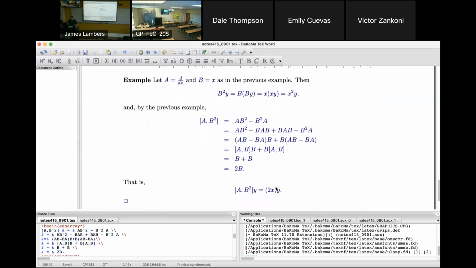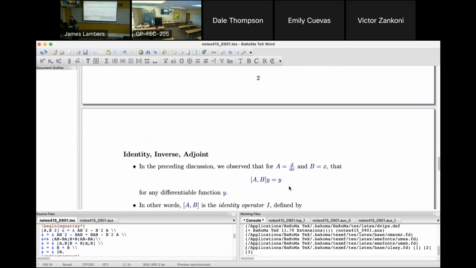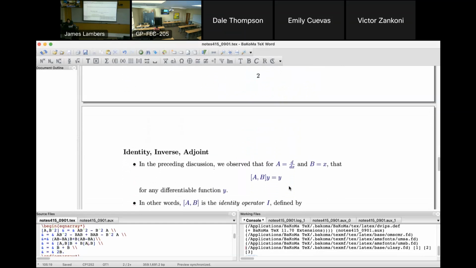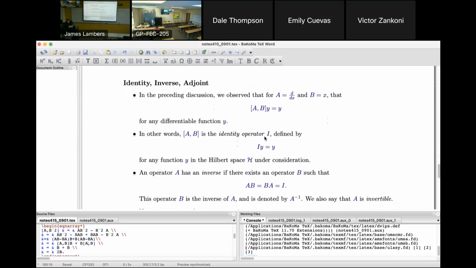From that first example, that the commutator of A and B applied to y is equal to y for all y, the way we can abbreviate that is that the commutator of A and B is called the identity operator. The identity operator is the operator such that whatever input you apply it to, the result is just that same input.